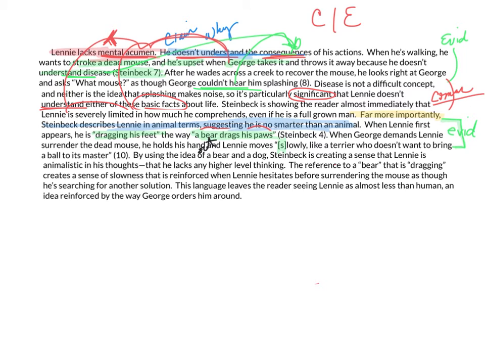Now, when I talked about what effect this language had, we did talk about the fact that both a bear and a dog have teeth, that both of these animals are in fact dangerous. However, if you look at the topic sentence, it is all about mental acumen.